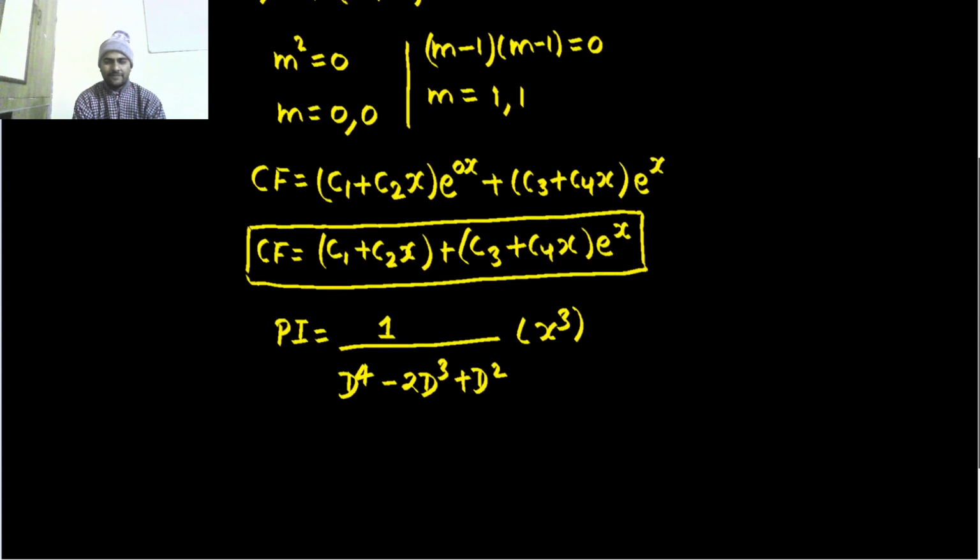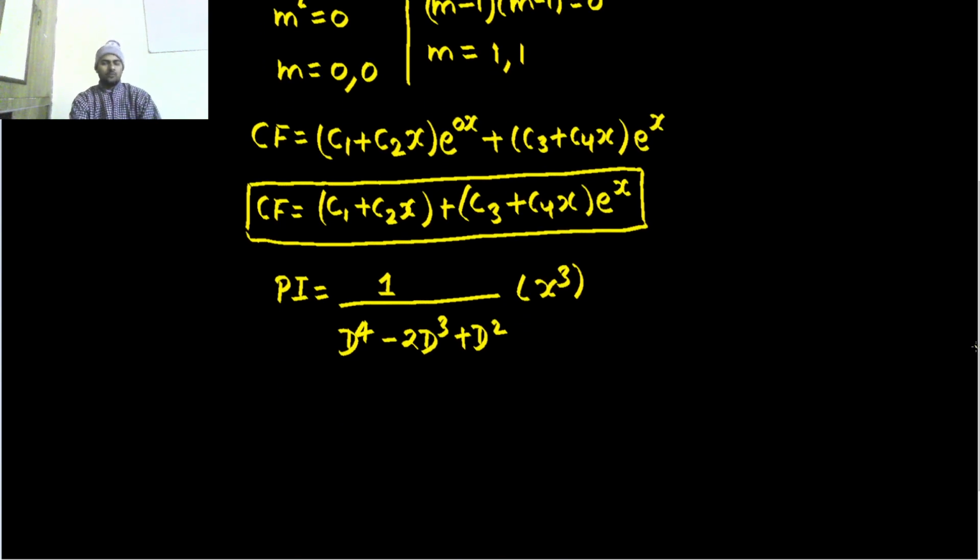So whenever you have x^n, how do we find the particular integral? In that case, we try to take the highest power from the denominator out. Is the highest power in this case the highest or the lowest power? The lowest power, okay. So if you take the lowest power out, D^2 will come out.